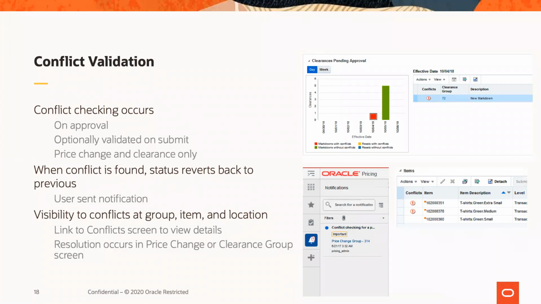Another way that we handled some of them was through adding some system option configurations. So one of the conflicts that used to be in place in RPM, or is still in place in RPM, is that a clearance item couldn't be on a promotion. And that was a system option, but it was also a conflict in promotions.